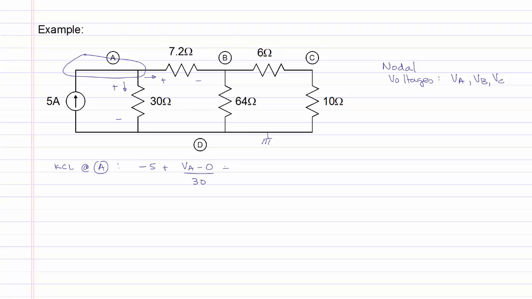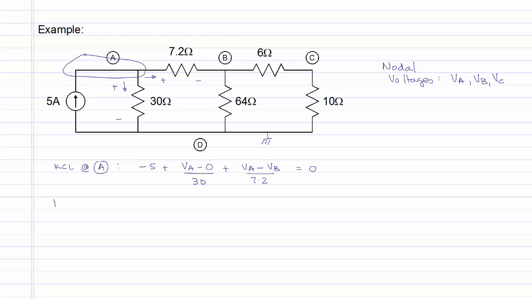Similarly, the current leaving through the 7.2 ohm resistor will be given a positive sign, and will be VA minus VB divided by 7.2 ohms. These are all the elements connected to node A, and so KCL will sum up to 0.